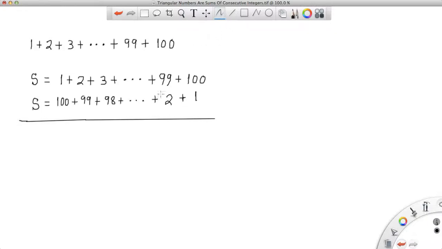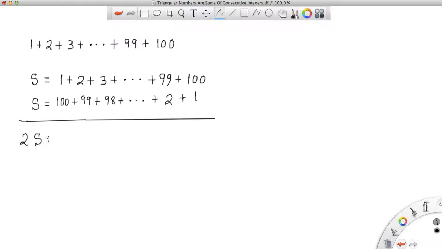So what happens if we add the two equations? Now we have the sum repeated twice. So whatever that number is, if we add two of those, we are going to get double of that. So 2 times the value of the sum. And right now we still don't know how much is that sum. We're going to find out, but at this point we don't know.